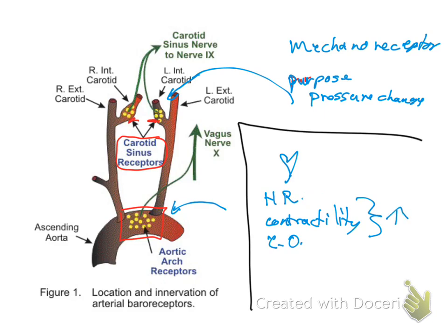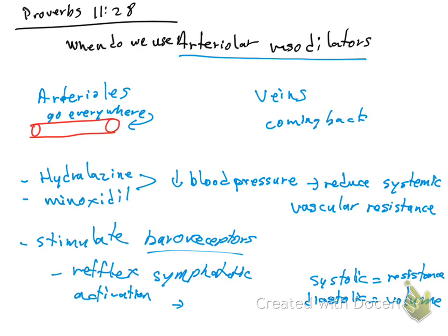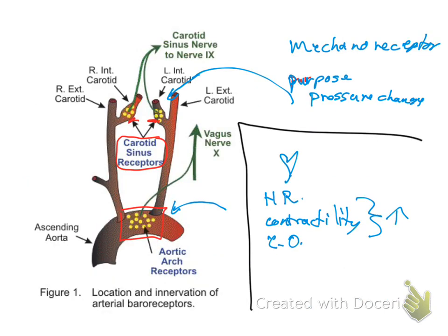Due to what? Due to reflex sympathetic activation, that we saw right here. Now, in addition to the sympathetic stimulation, there is also going to be activation of the renin angiotensin aldosterone system.